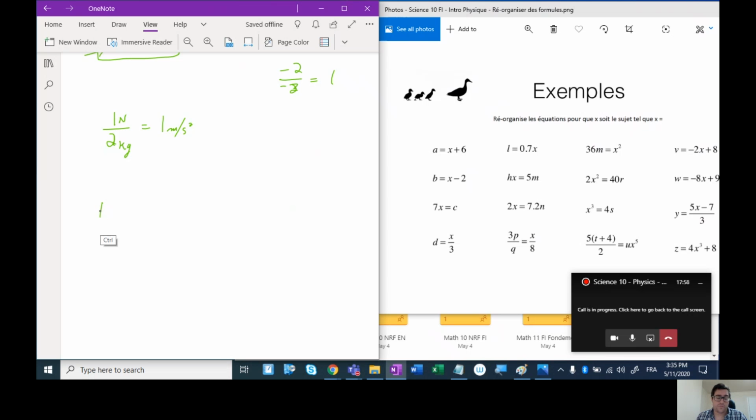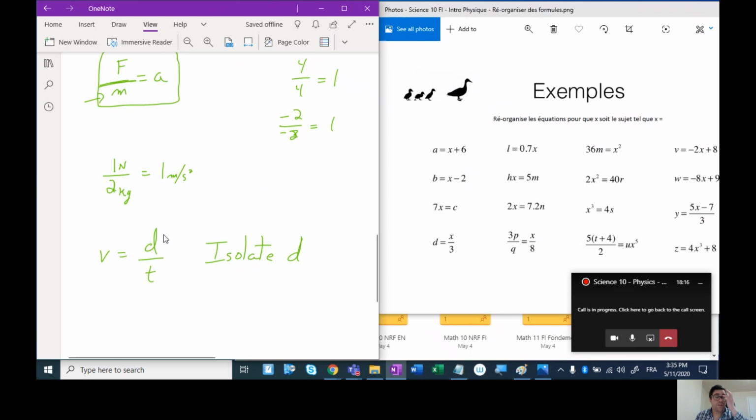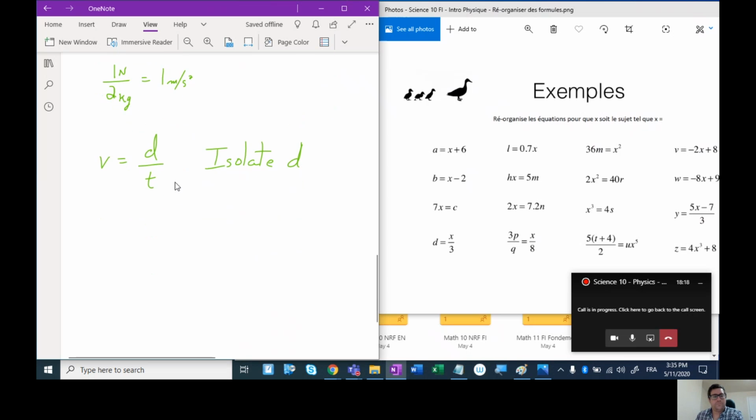So we're going to try and do some more examples. Okay, v equals d over t. So if I say isolate d, then what do you need to do? So d is currently being divided by t. That's a problem.